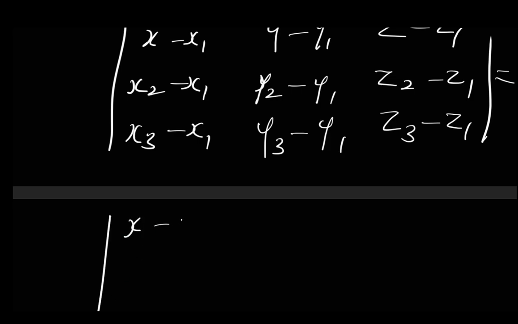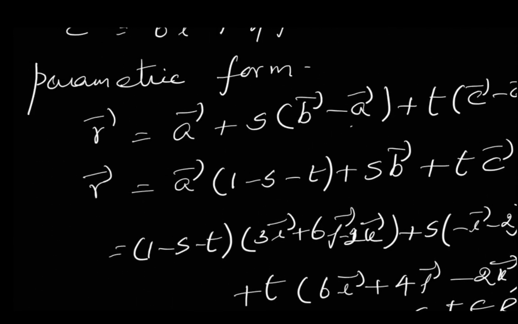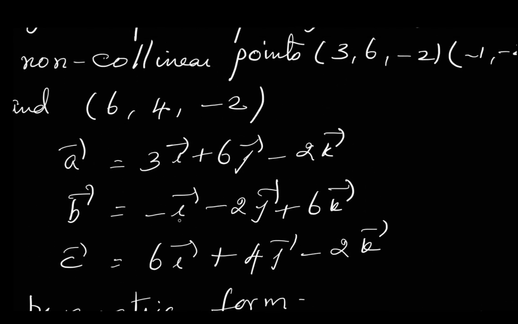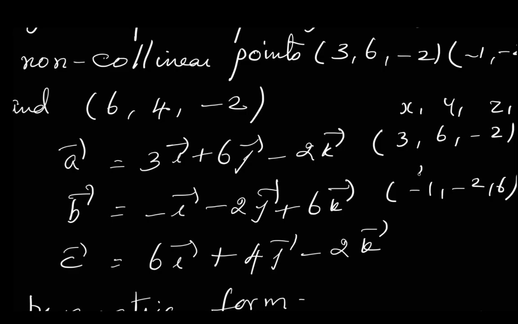First row: x minus 3, y minus 6, z plus 2. Here (3, 6, minus 2) are x1, y1, z1; (minus 1, minus 2, 6) are x2, y2, z2; and (6, 4, minus 2) are x3, y3, z3.